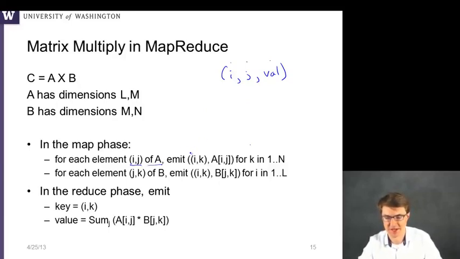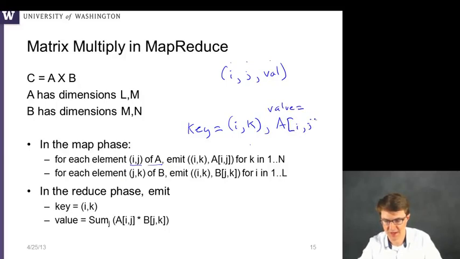emit several things. Emit a tuple where the key equals i comma k, and I'll tell you what k is in a second, and the value equals A, i, j.